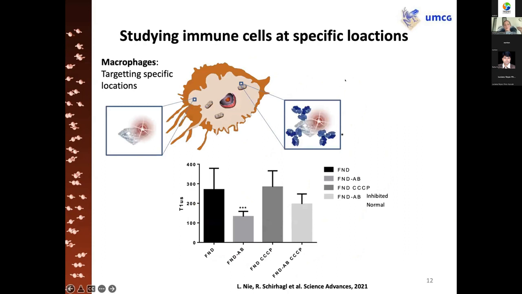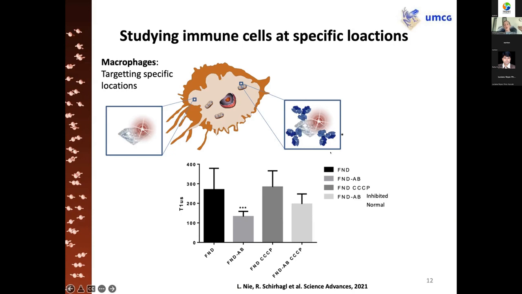So now let me show you first data. In this paper that was published last year in Science Advances, we were looking at macrophages, and we made two types of nanodiamonds. The first type of nanodiamond was bare, and in this case we know that the particles go in the cytosol, and we had a second type of particle that is coated with antibodies for the mitochondria.